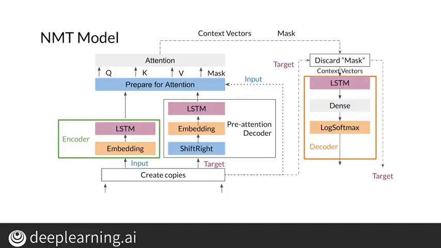So before going through the decoder, you drop the mask. You then pass the context vectors through the decoder, composed of an LSTM, a dense layer, and a log softmax. In the end, your model returns log probabilities and a copy of the target tokens that you made at the beginning. There you have it, the model you'll be building and the intuition behind all the steps.